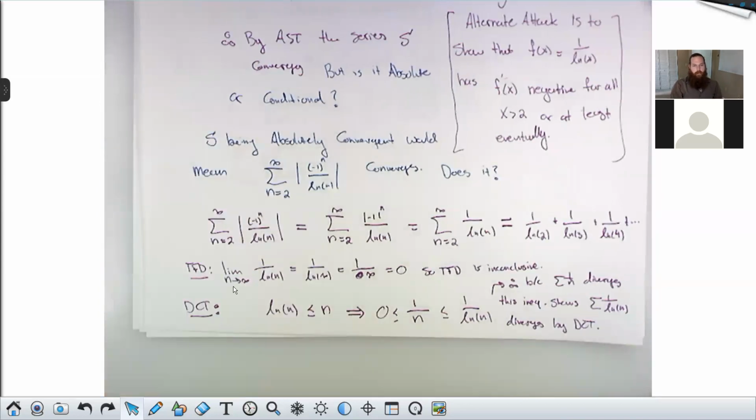All right. So my series, sigma 1 over log n, is made up of terms that are a little bit bigger than the harmonic series, sigma 1 over n. So by direct comparison to the harmonic series, the absolute value series here is divergent.